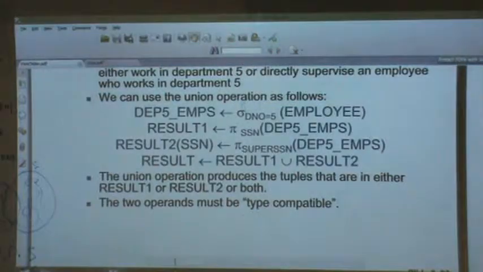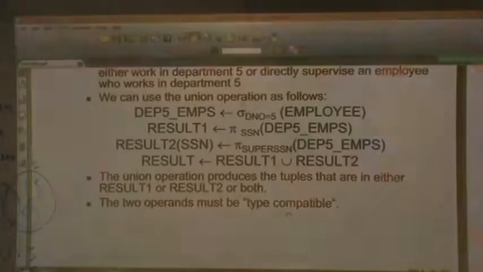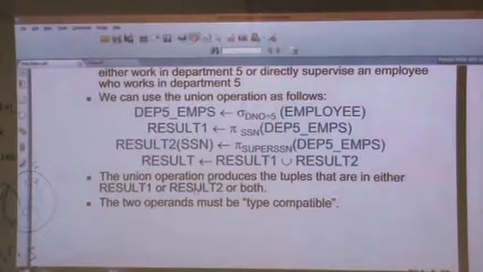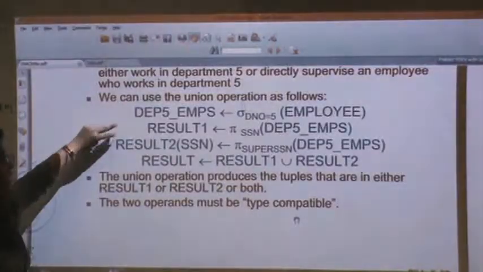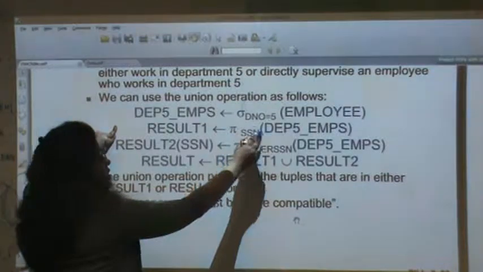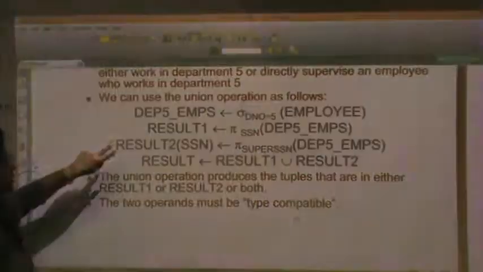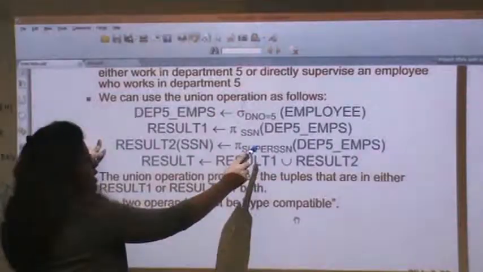So result 1 and result 2 have to be type compatible. That's very important. When I'm retrieving result 1, the ultimate return type is SSN. And when it's result 2, the ultimate type is super SSN.